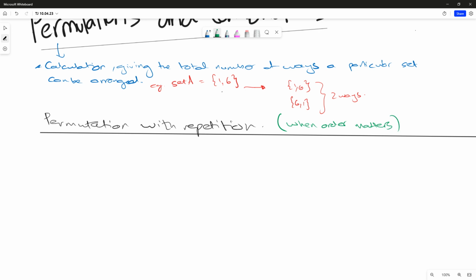The formula for permutation with repetition is n to the power of r, and it basically states that given n things that I'm choosing from, I want to choose r of them.